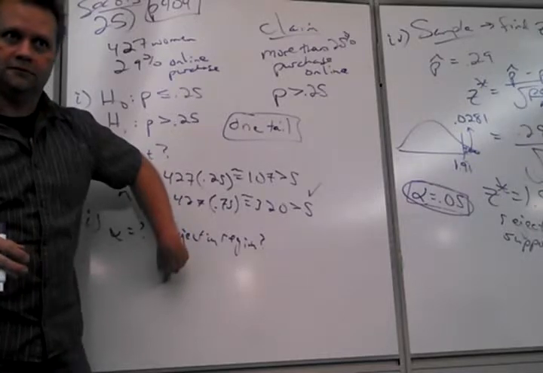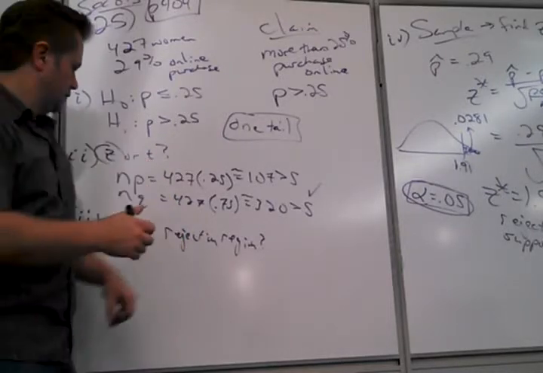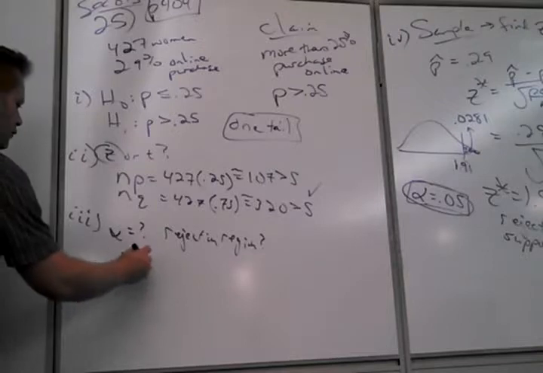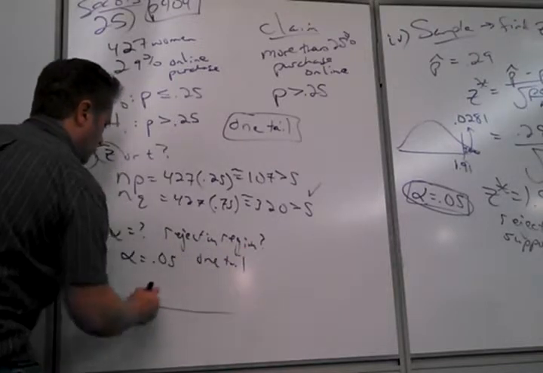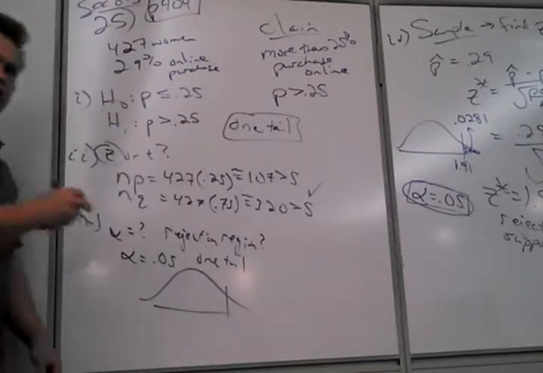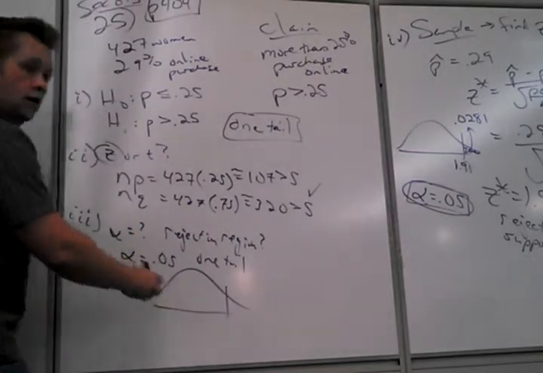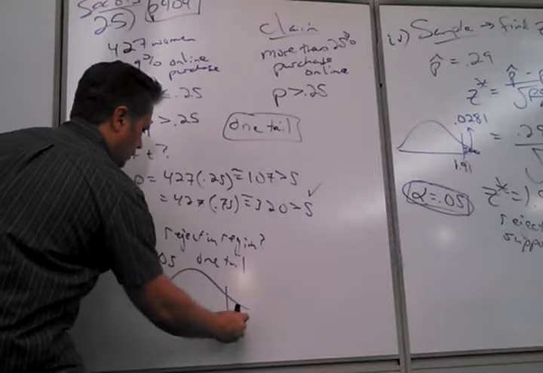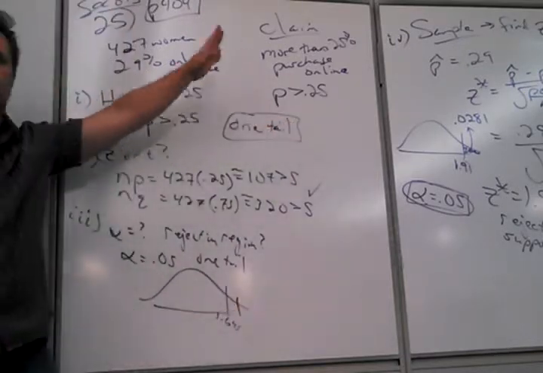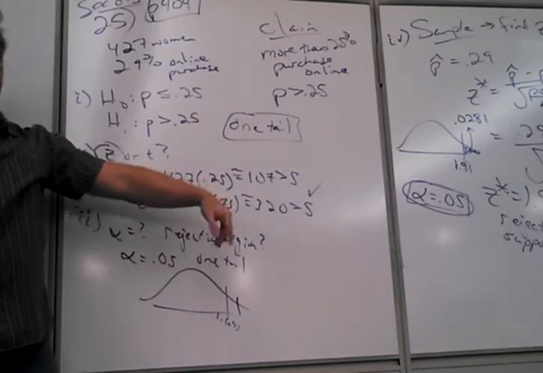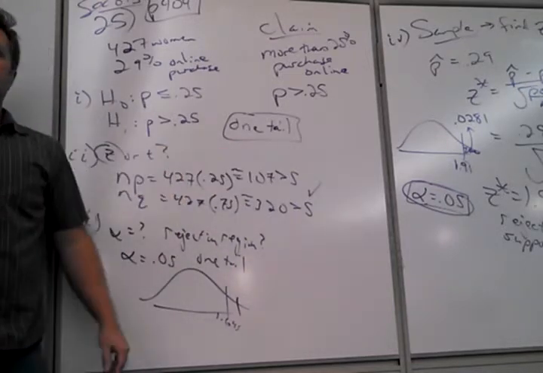You sure about that? No, you shouldn't. If I have an alpha of 0.05, one-tailed test, it's one tail, not two. Yeah, there you go, 1.645. So now that's a little more visual. 1.91 would totally be inside there, right? It would be in the rejection region, so it matches up with our answer there.